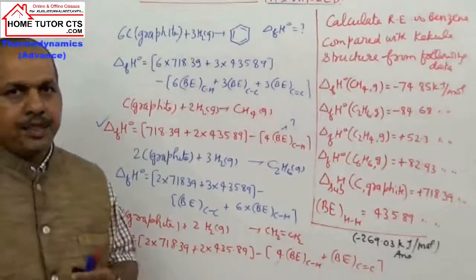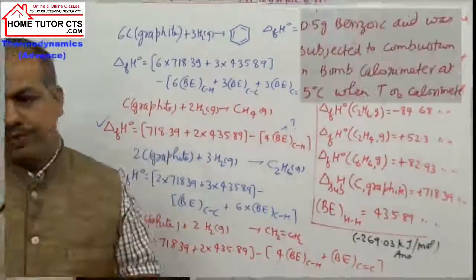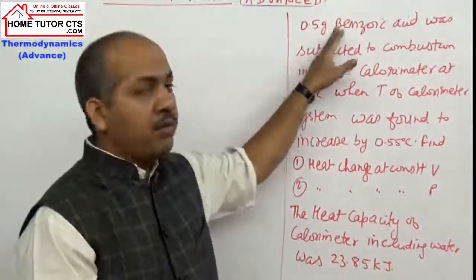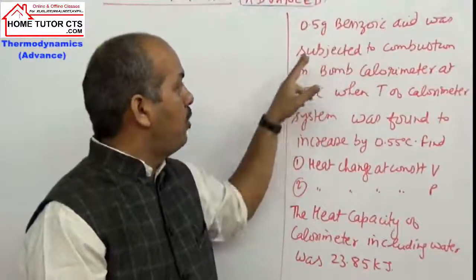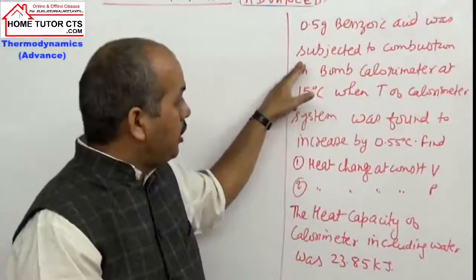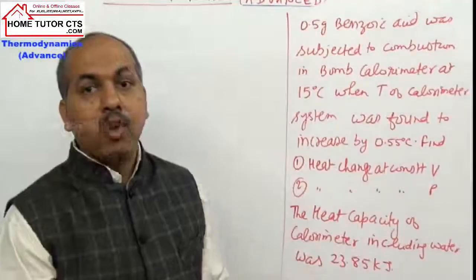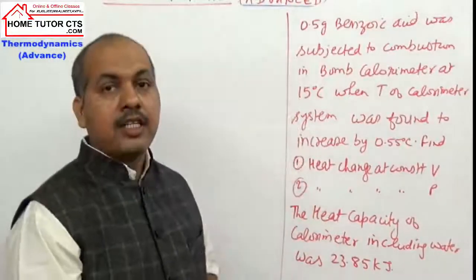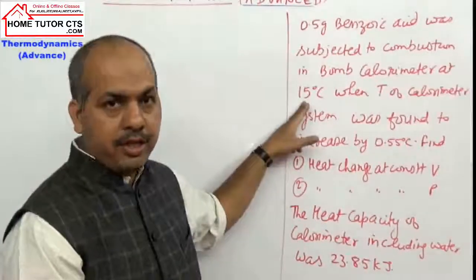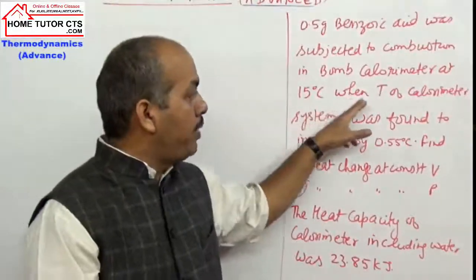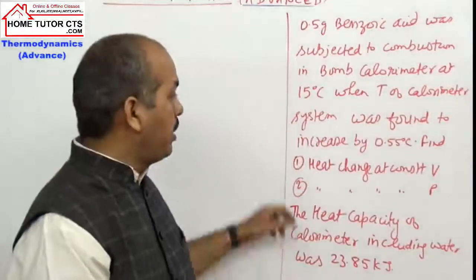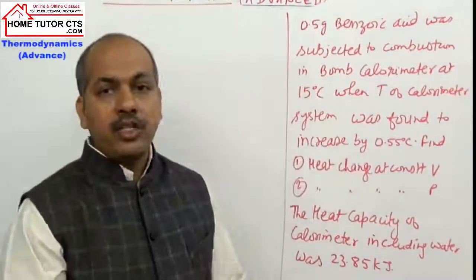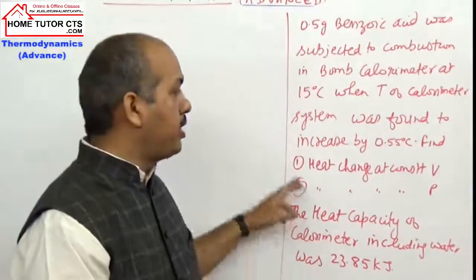Okay. Let us take the next question now. The question given is: 0.5 gram of benzoic acid was subjected to combustion in a bomb calorimeter at 15 degrees Celsius, when the temperature of the calorimeter system was found to increase by 0.55 degrees Celsius.